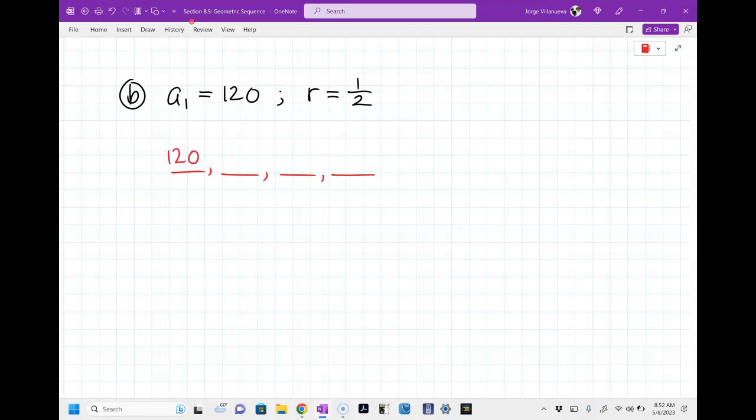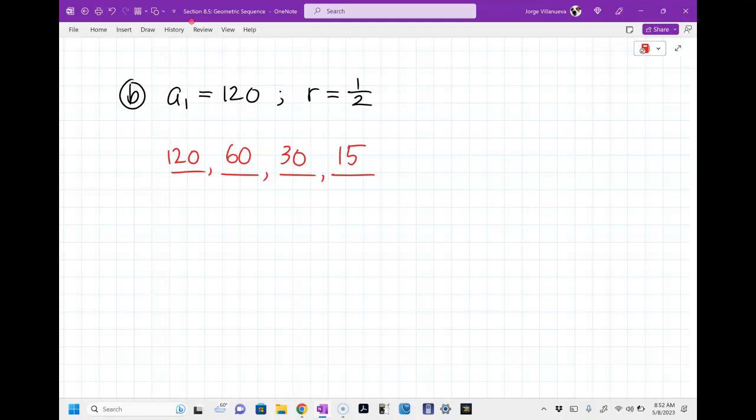To find the next term, I multiply 120 times half, or in other words, half of 120. So that's going to be 60. Then I multiply 60 times half. That's 30. And then I multiply 30 times half. That's 15. And there's my first 4 terms.